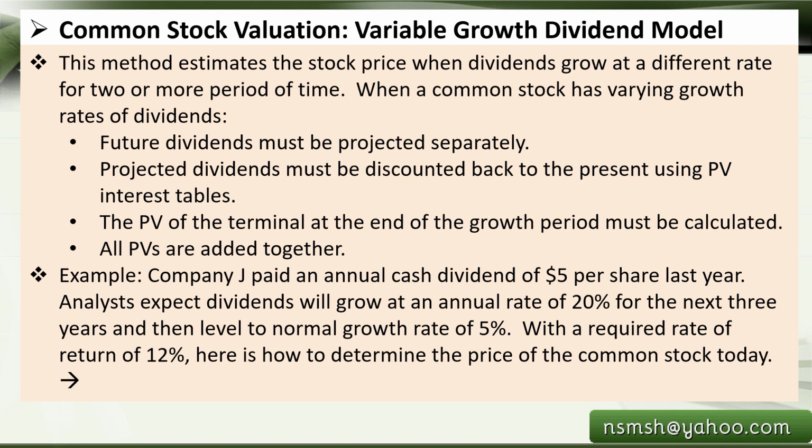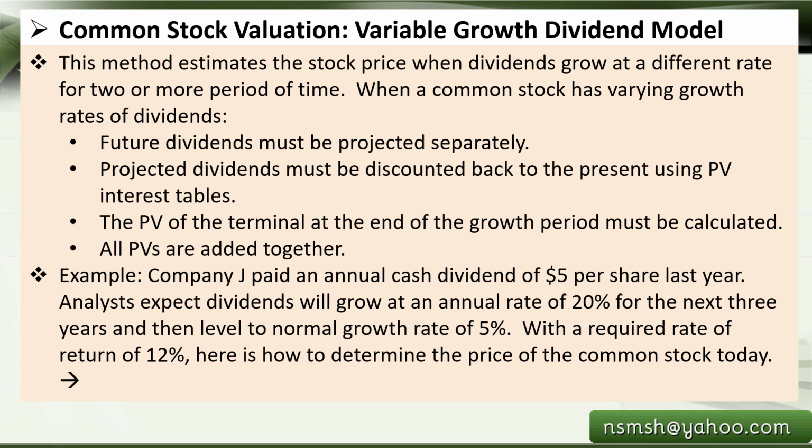Projected dividends must be discounted back to the present value using the present value interest tables. The present value of the terminal value at the end of the growth period must be calculated. All present values are added together.